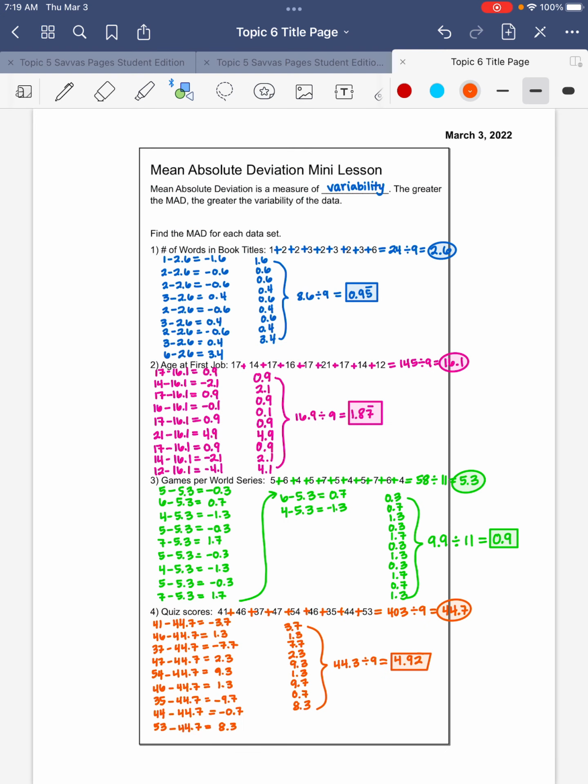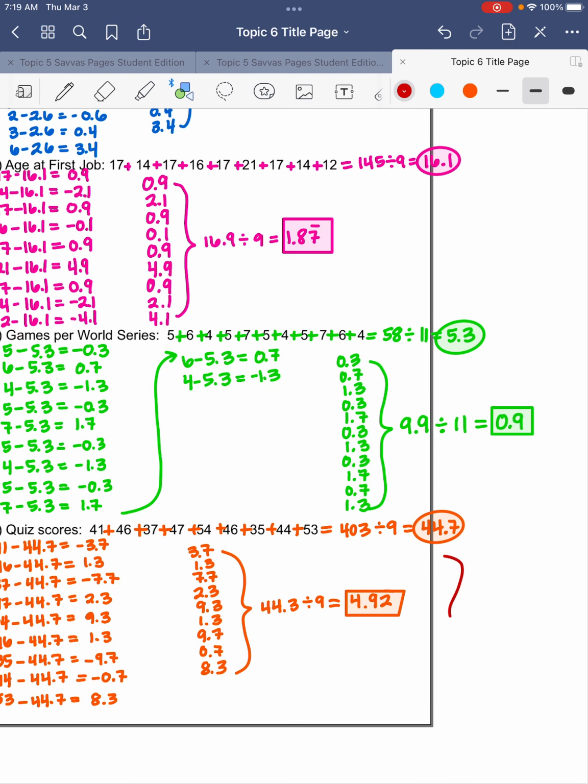So now I want to ask you, of the data sets that we have found the mean absolute deviation for, which one is the most spread out? In other words, which one has the greatest variability? And if you said the last one, number 4, you are correct.